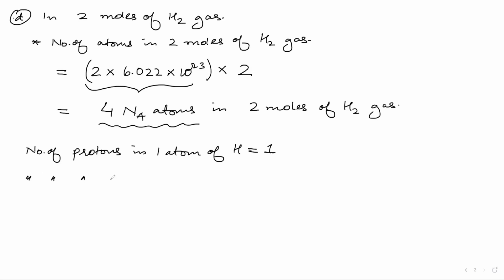So the number of protons in 4 Na atoms of hydrogen will be how much? 4 Na into 1. Right, guys? So this will be again 4 Na protons.